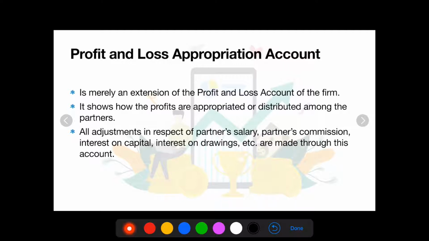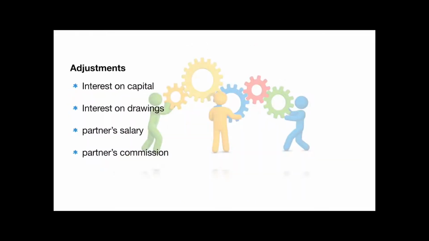So, this account is prepared to appropriate or distribute the profit among the partners, thereby keeping in mind all such adjustments like partners' salary, partners' commission, interest on capital, interest on drawings.